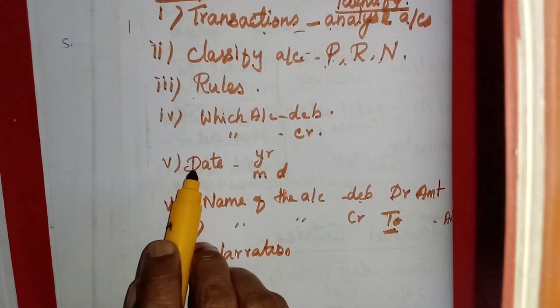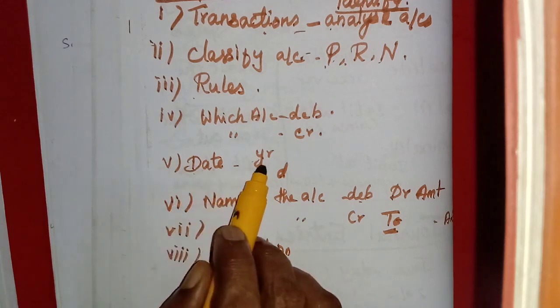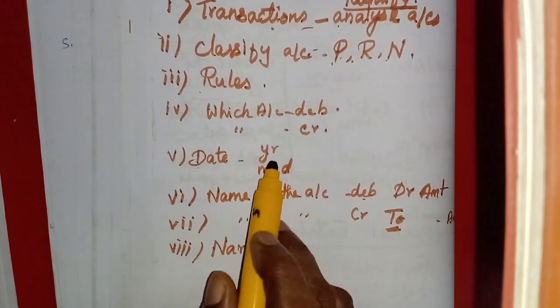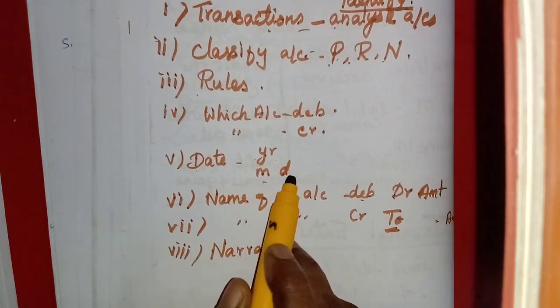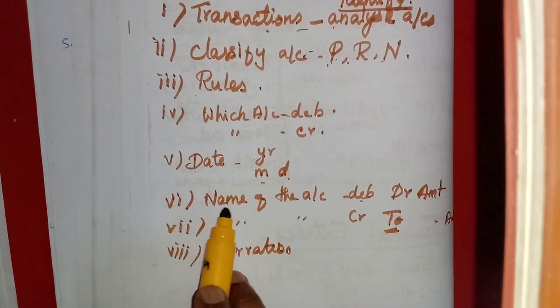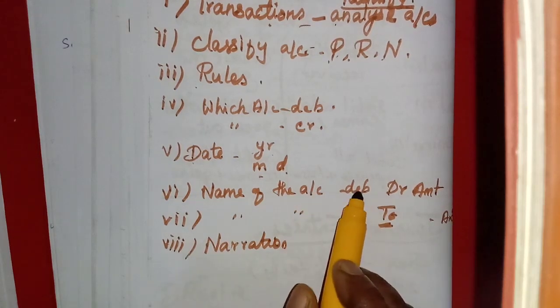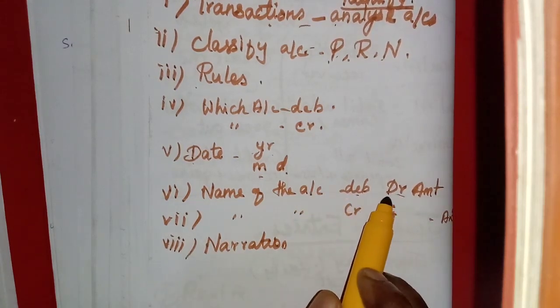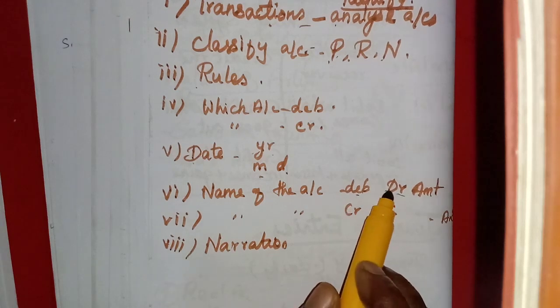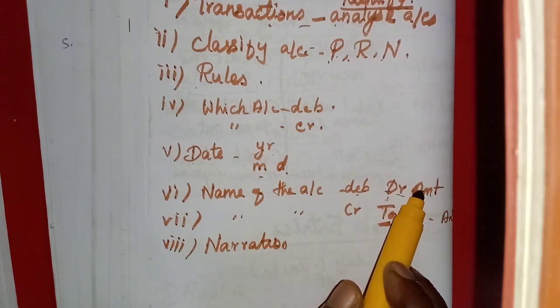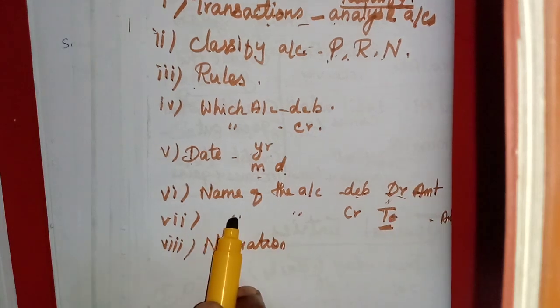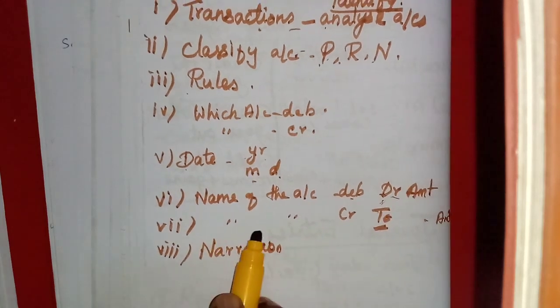Then we fill up the date column in the journal entry. Year must be written first, then month, then in the smaller column the date. The name of the account we write in the particulars column with the word Dr at the end. Then the amount should be written in the debit column. Then the credit column must be filled up.